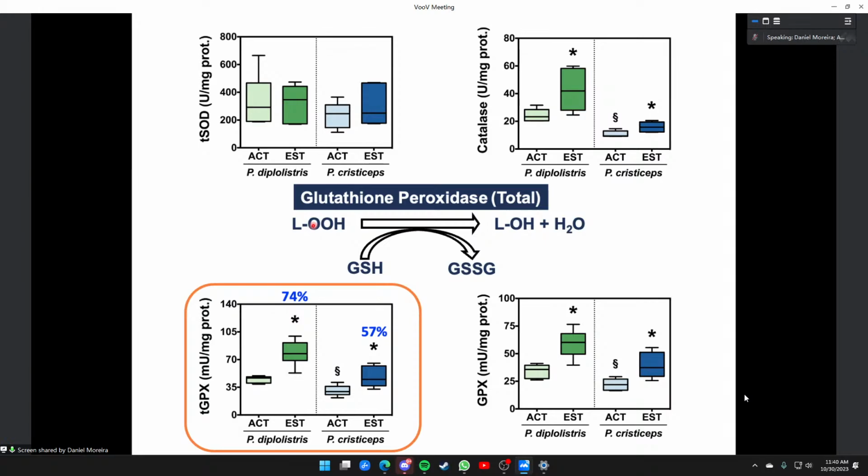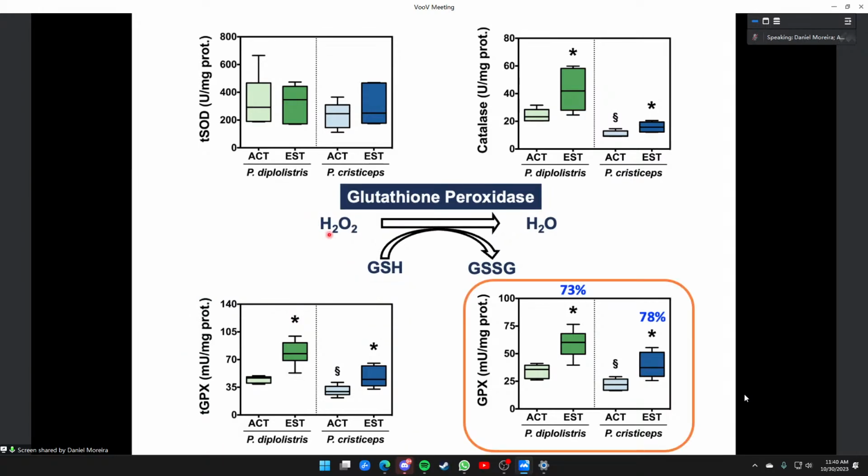And a very similar scenario was observed when we used hydrogen peroxide as the substrate. And for these three enzymes, catalase, total GPX, and GPX, the activity of what we would call a control active animal during the rainy season was lower in Proceratophrys cristiceps than in the other species, Pleurodema diplolistris.